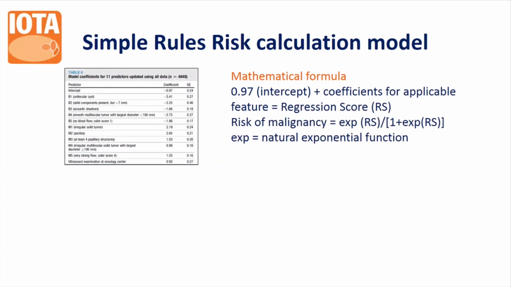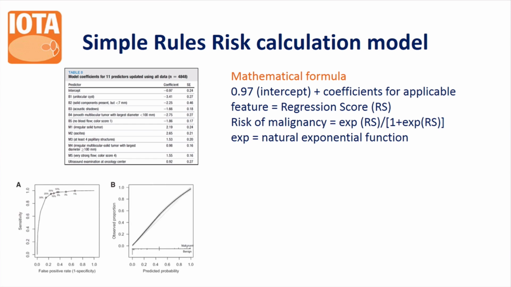When you use the simple rules risk calculation model, you enter the 10 ultrasound features in the simple rules into a mathematical model that calculates the individual risk of malignancy for each patient. However, that requires access to a computer.